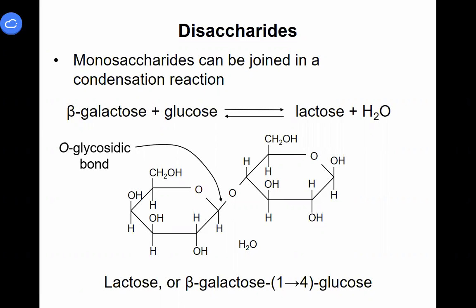So this bond, when it forms, freezes this structure in the cyclic form. So it's no longer in equilibrium with the linear form. And so that means that the galactose is fixed in the beta configuration. All right. So anytime you see lactose, the galactose is going to be in the beta configuration.